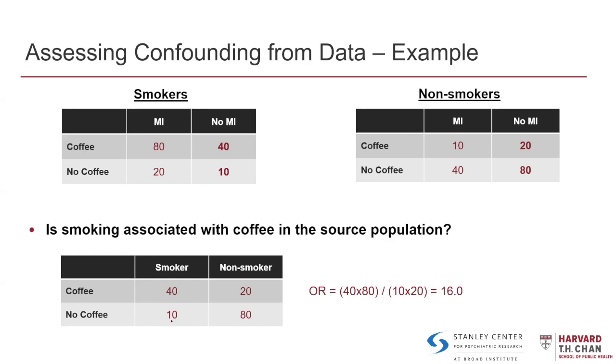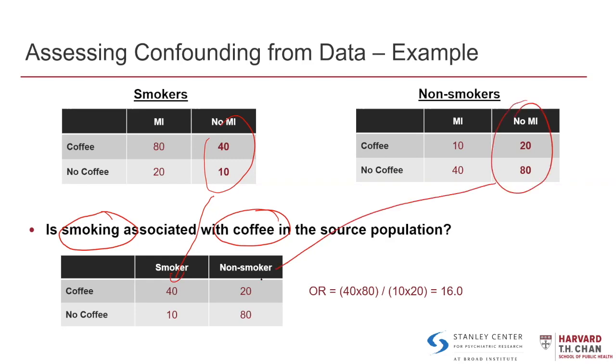So in the non-MI group, what is the relationship between your confounder, smoking, and the exposure? I'm taking those numbers and plugging them here, and taking those numbers and putting them here.